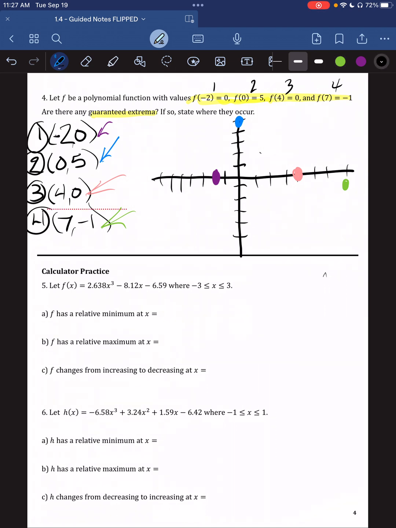So what we need to decide is, is it going to have any form of extrema? Well, remember, we just said that between any two real zeros, and remember zeros are where they hit the x-axis, where y is 0, there has to be a local minimum or local maximum. So I know that somewhere in between these two x values, there has to be some type of local minimum or maximum.